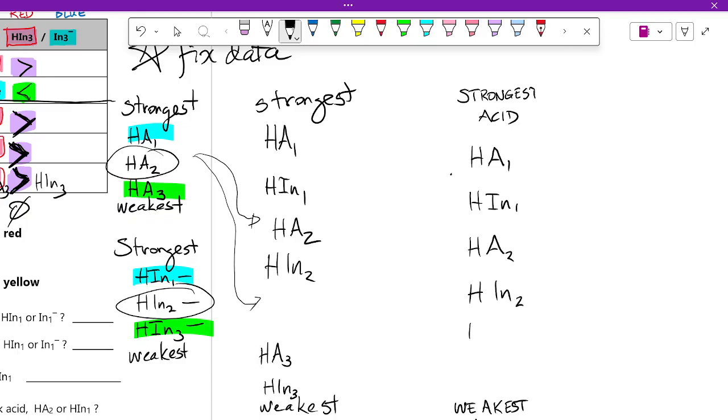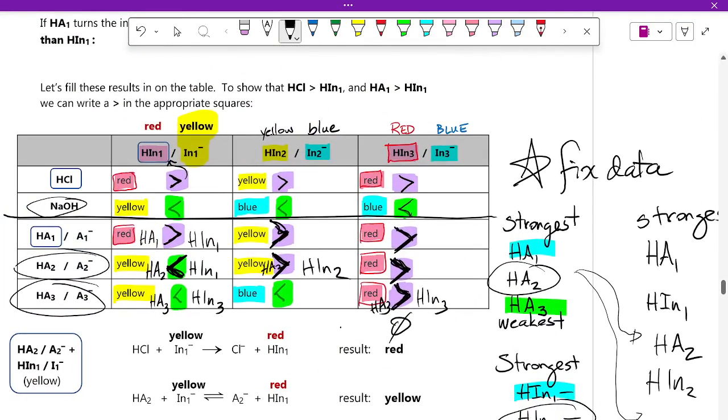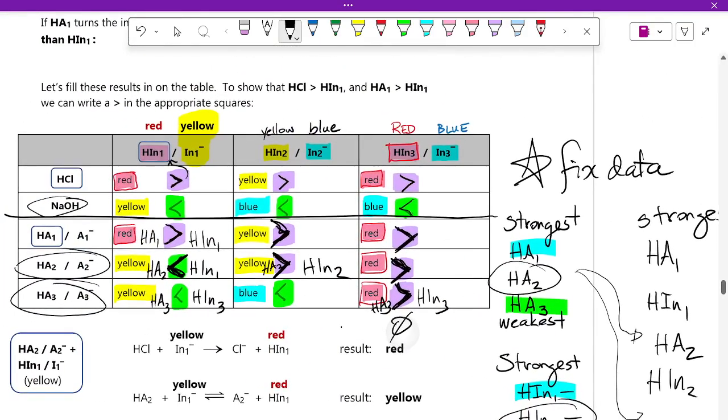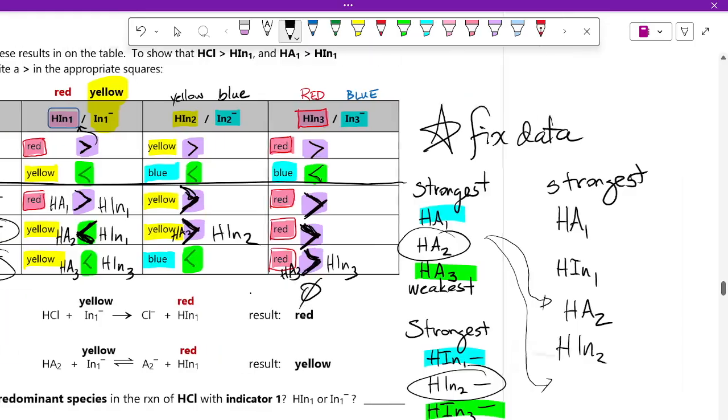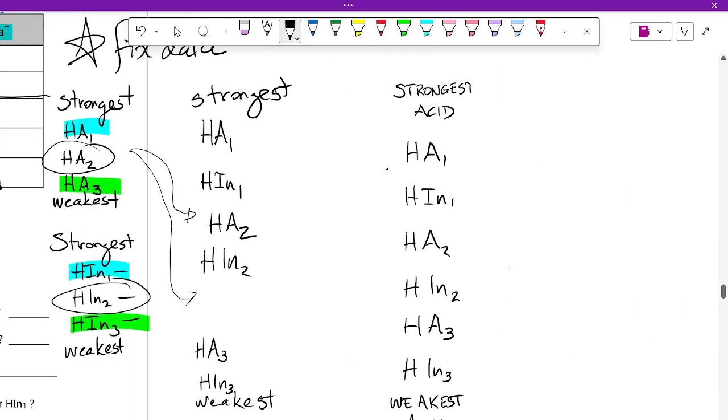These indicators change? Well, this is whatever indicators we have data for. Based on this data, you could have different indicators with different data, and you would have to figure it out in a similar fashion. So there's our strongest acid to our weakest acid.